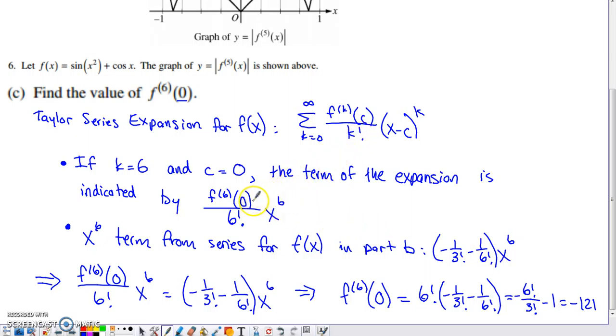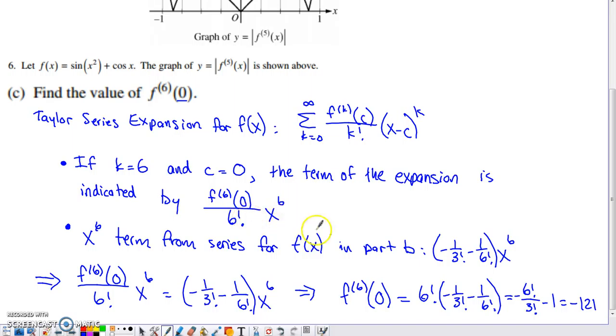Using the index value of 6, a 6 there, a 6 there, and a 6 there, and the c value of 0, basing the series at 0, the index value of 6's term from this definition is the 6th derivative evaluated at 0 divided by 6 factorial times x to the 6th power, x minus 0 to the 6th power.